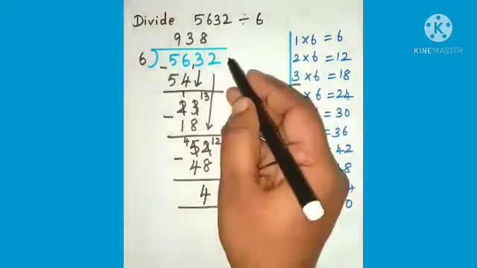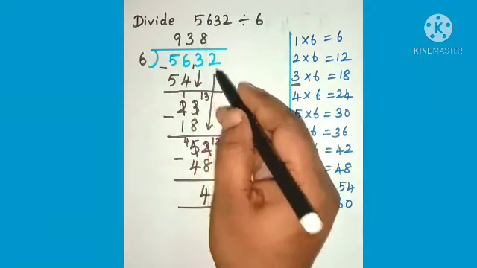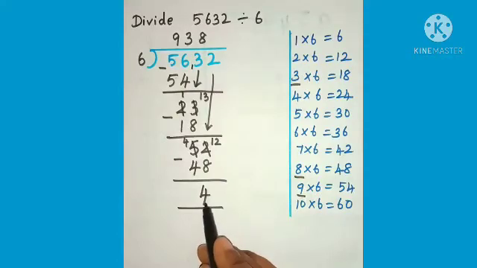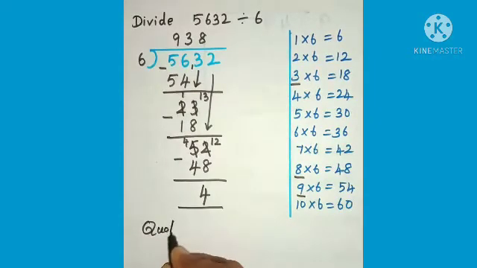Here there is no number after 2 because it is a 4-digit number, and here 4 is known as the remainder. In this problem we have a quotient as well as a remainder.